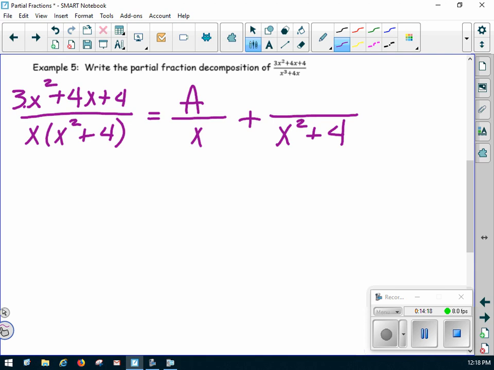The denominator here is quadratic, so the numerator has to be linear, 1 degree smaller. So what does linear look like? Linear will look like this. That's what linear will look like.